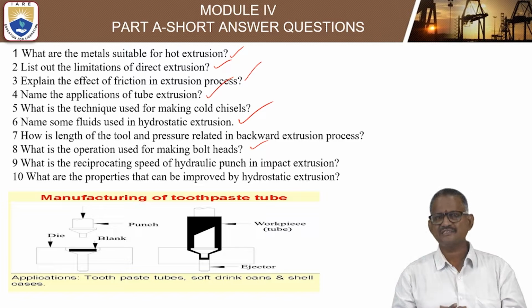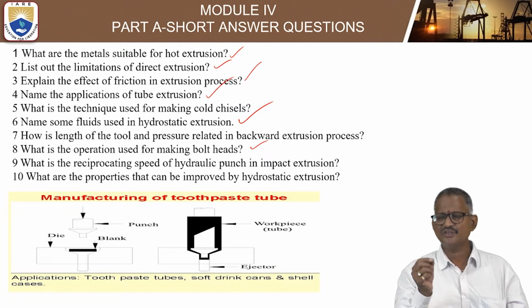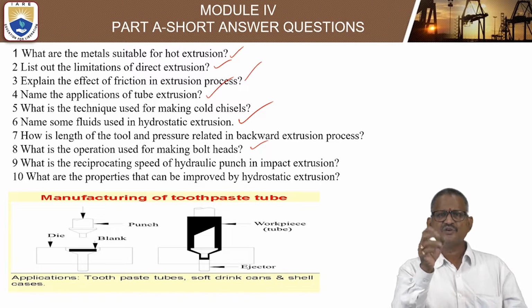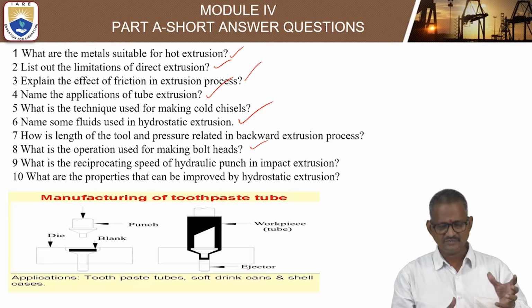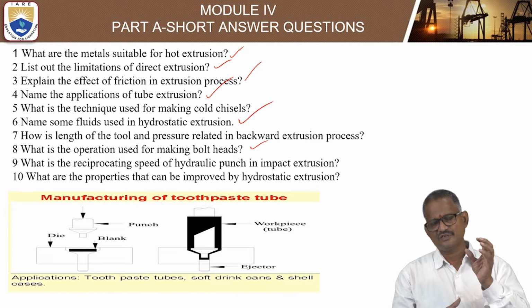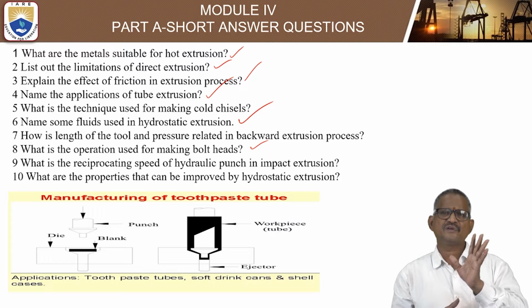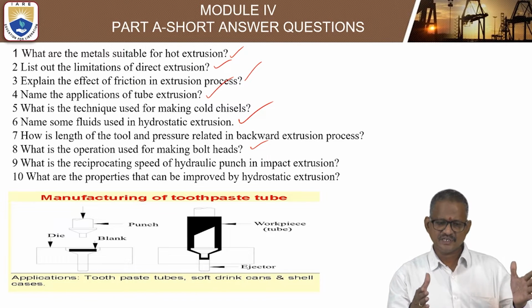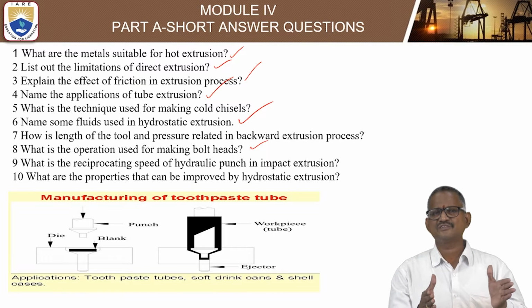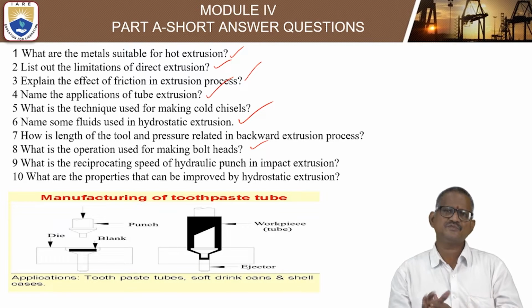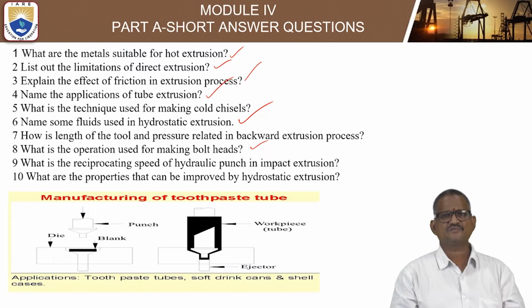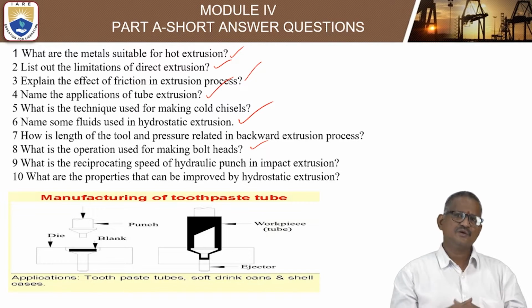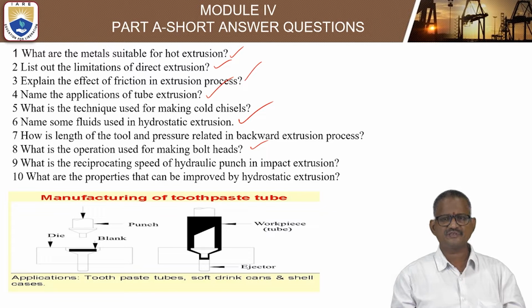Whereas in hydrostatic extrusion, some fluids like kerosene and paraffin, different types of fluids are used to form it, because the sound-free operation is called hydrostatic, because fluid is used, and depending on how much pressure you can obtain, with a little pressure only you can form different complex shapes also. Like this, even some bolt heads are also made by this type of extrusion process.